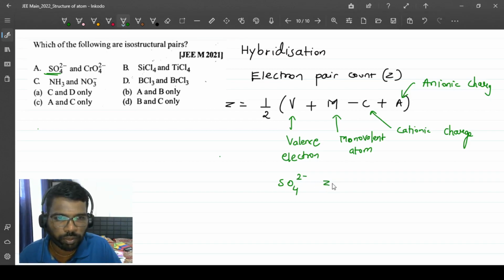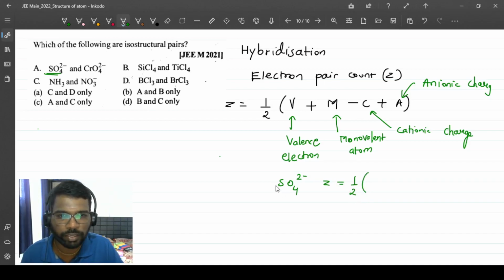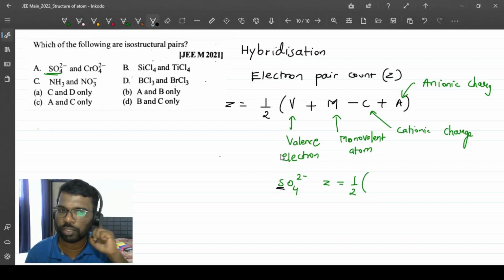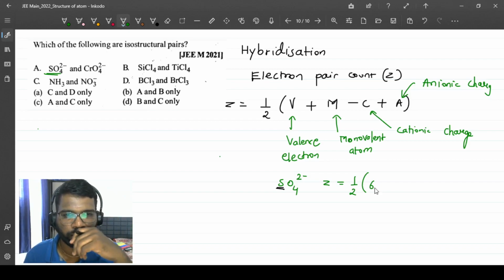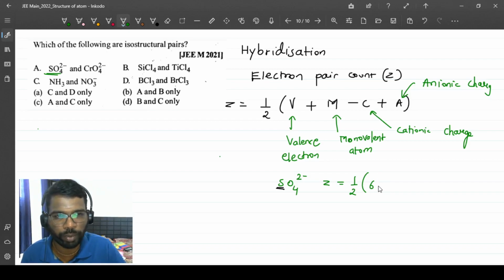So Z will be equal to half times the valence electron of the central atom, sulfur. We know the valence electron of sulfur is 6. Oxygen and sulfur belong to the same group, and there the valence electron is 6. Plus how many monovalent atoms are connected?